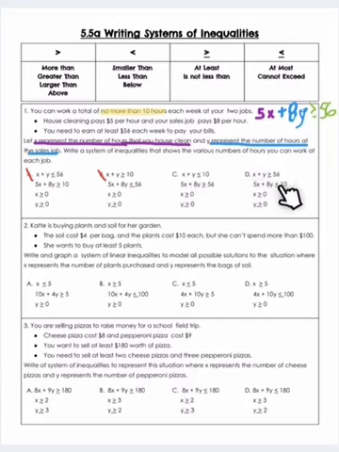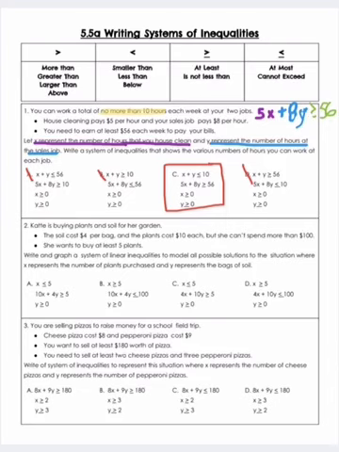And 5x plus 8y is less than or equal to 10, so that's incorrect as well. The way that we get the other equation is the number of hours from the house cleaning plus the number of hours from the sales job, no more than, so our hours have to be less than or equal to 10. So the correct answer for this one is C.